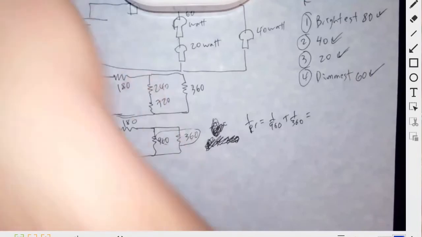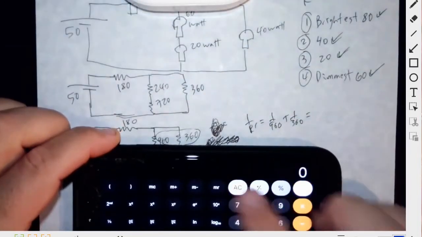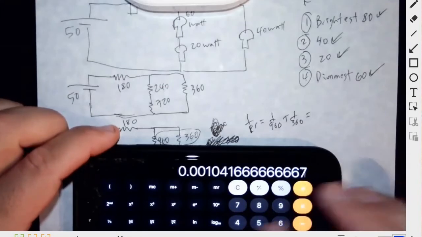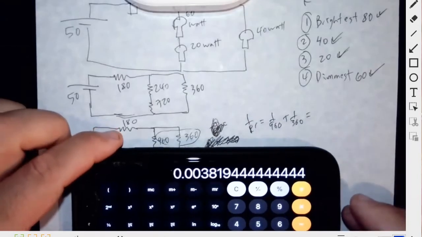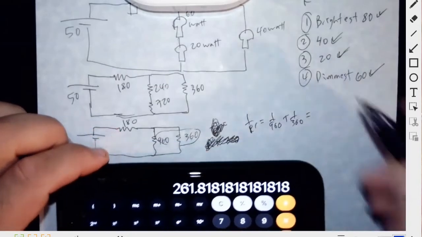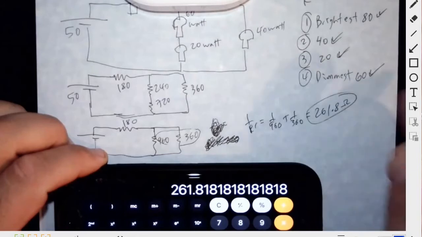Let's see here. I'm just going to do 1 divided by 960 plus 1 divided by 360. And then reciprocate. Oh, 261. I'm not going to go that many decimal places.